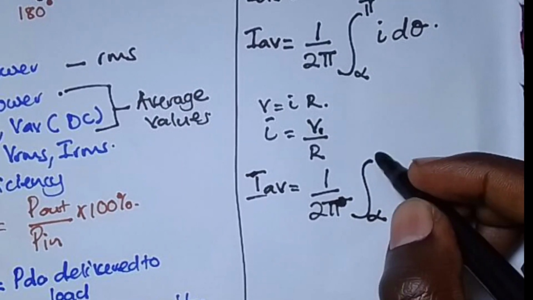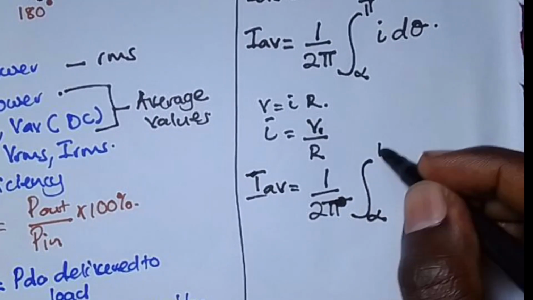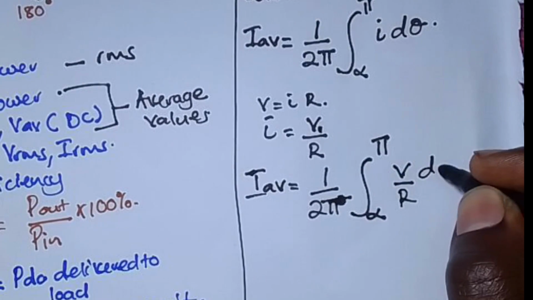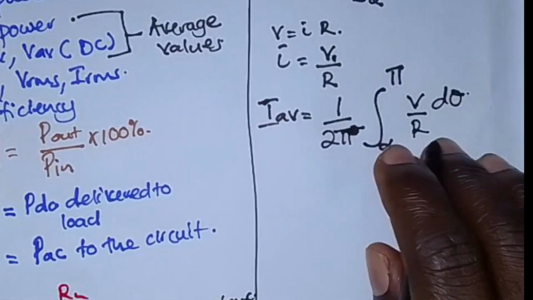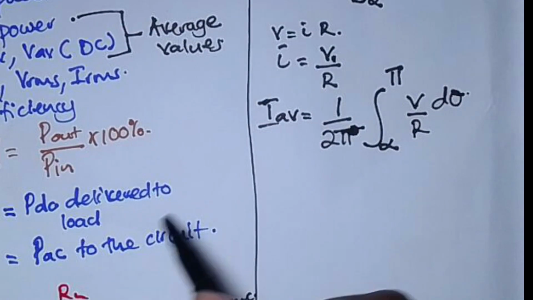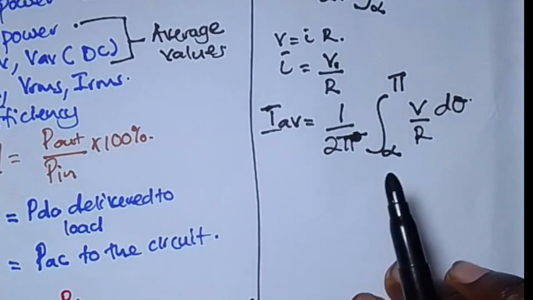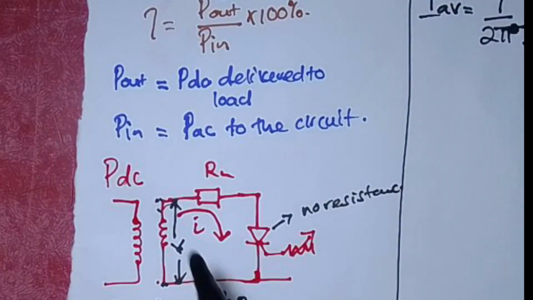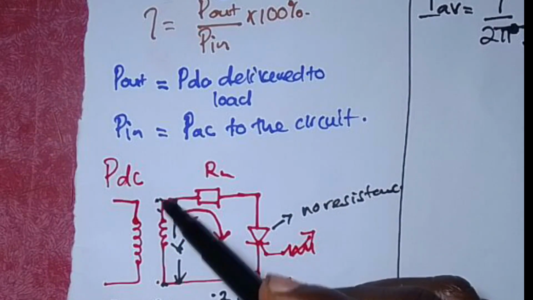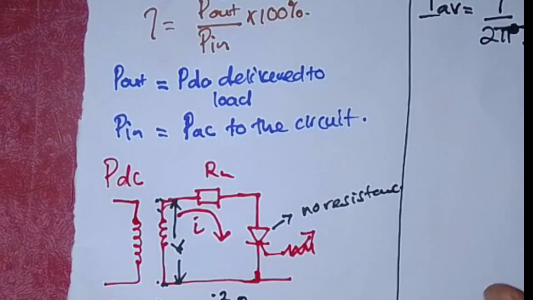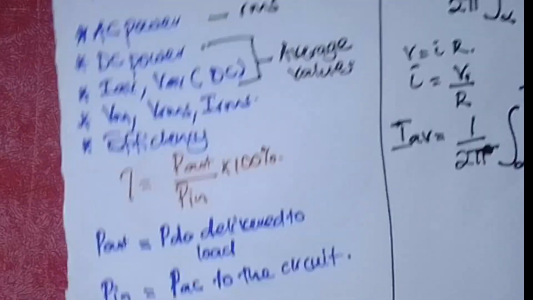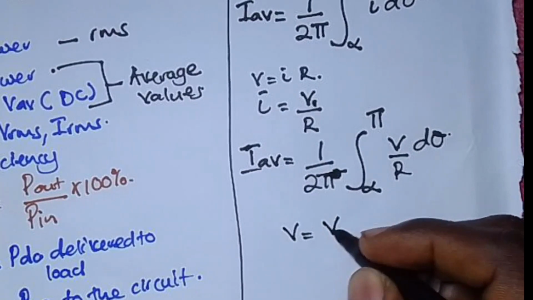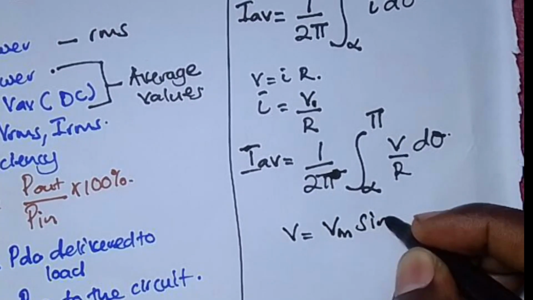So it will be the integral from alpha to pi of my I, which is V over R, with respect to theta. Now initially our V is the supply voltage, but the supply voltage being supplied here is AC. Remember this is just the secondary of the transformer. For any AC value, V is given by a certain value, V max times sine theta.